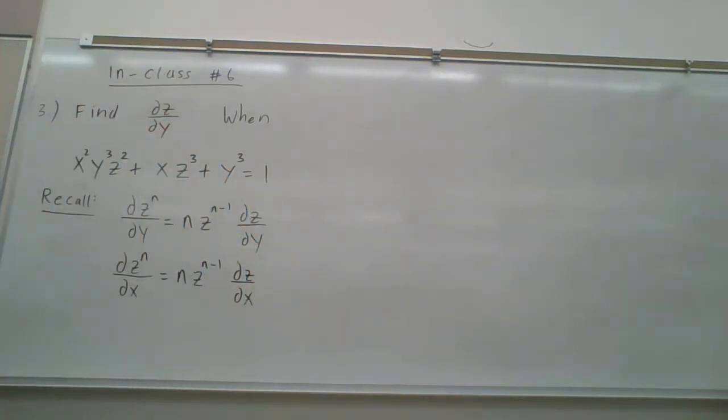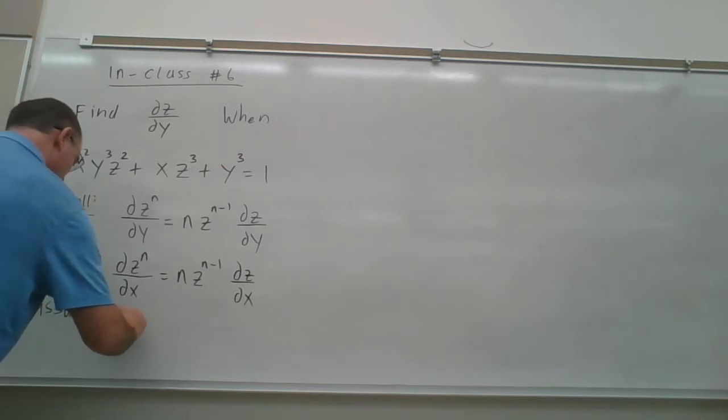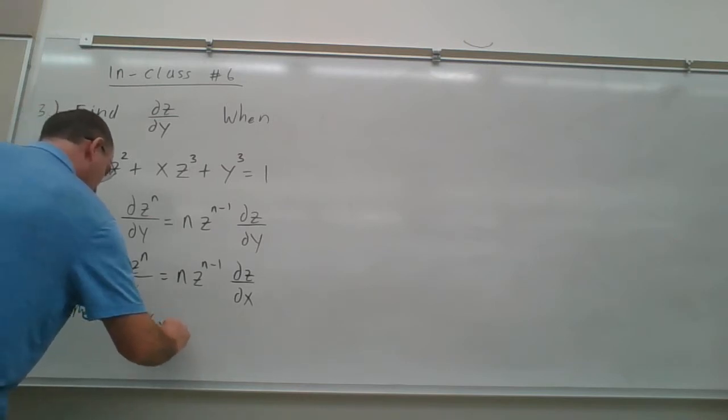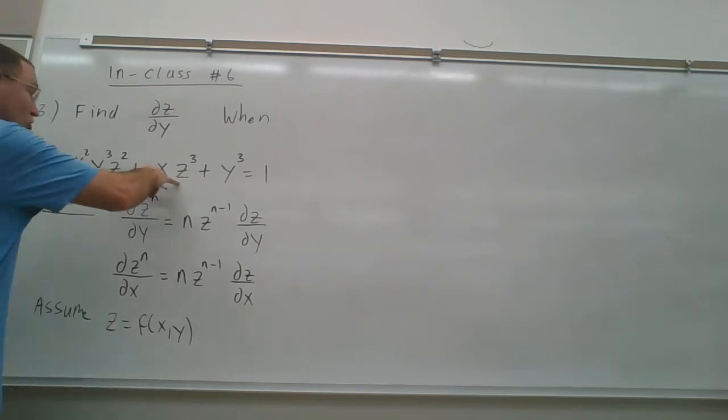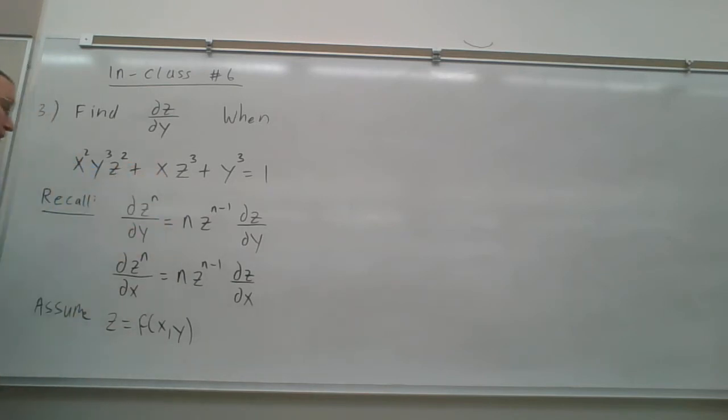So using a chain rule here, because we're assuming that z looks like some function of x and y. But as I said, it's going to be difficult to try and solve this in terms of x and y.